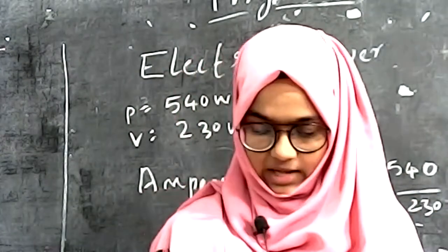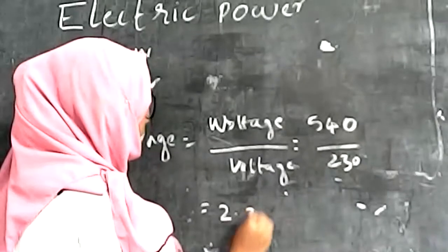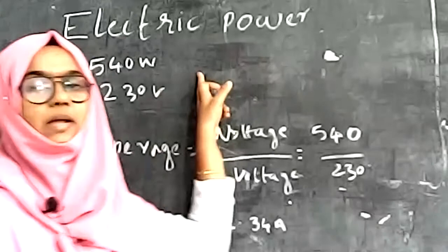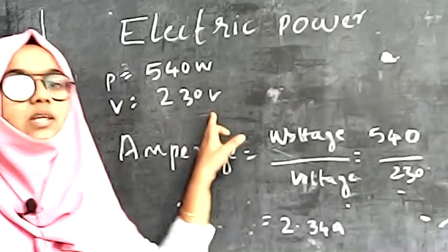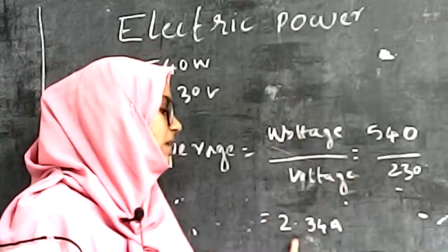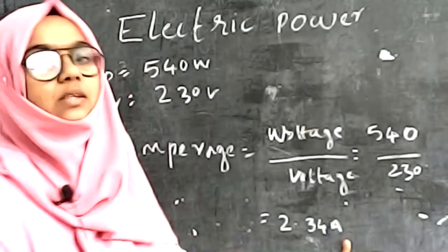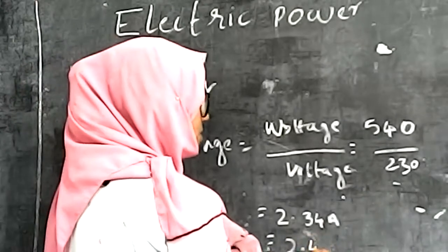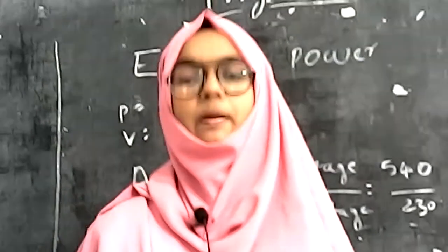We find that 2.34 ampere is the amperage of the home appliance having 540 watt and 230 volt. So we can round that to 2.4 ampere as the amperage of that home appliance.